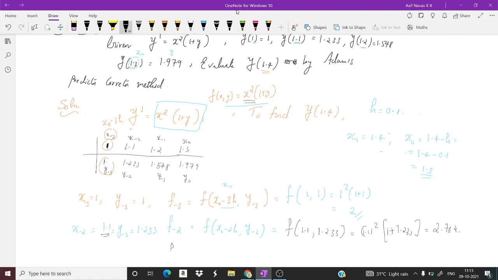Similarly, we can find f minus 1. x minus 1 is 1.2 and y minus 1 is 1.548. So f minus 1 is f of x naught minus h, y minus 1, which is equal to 3.669.